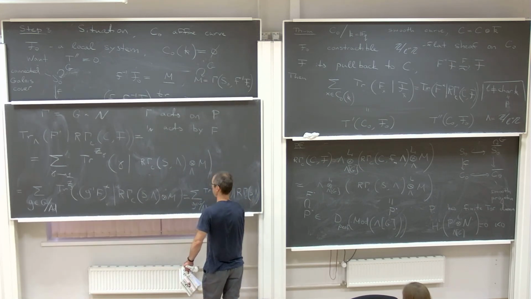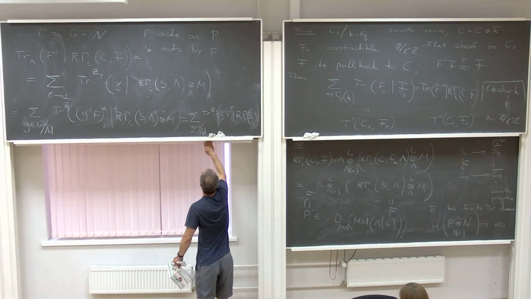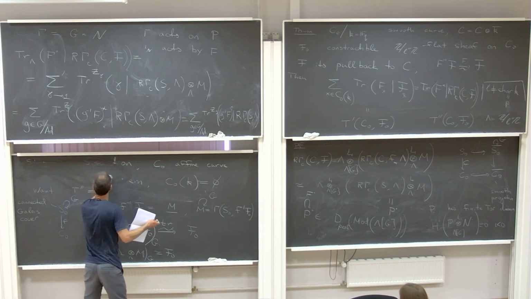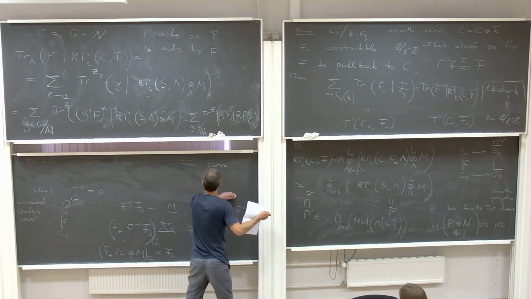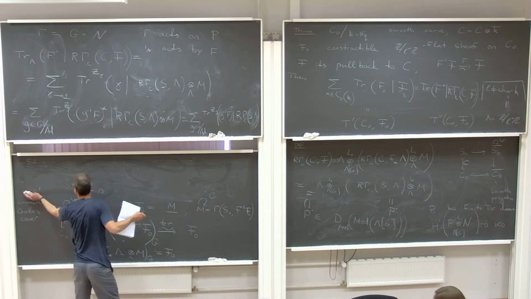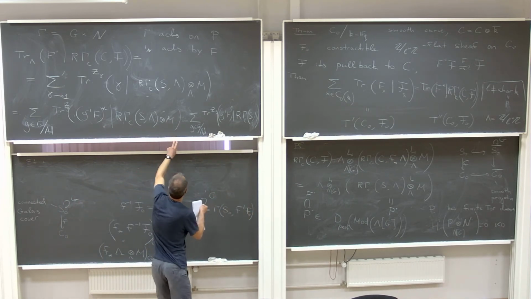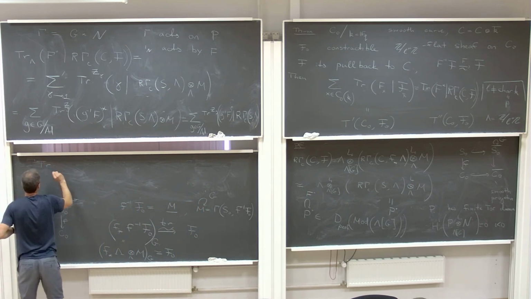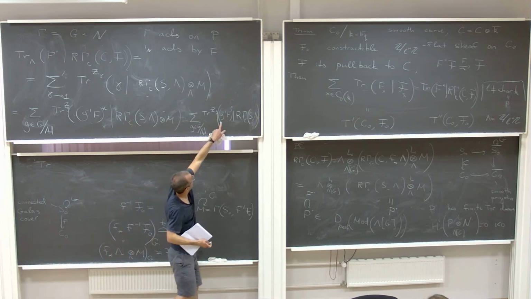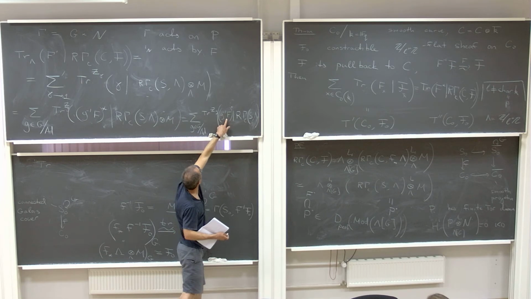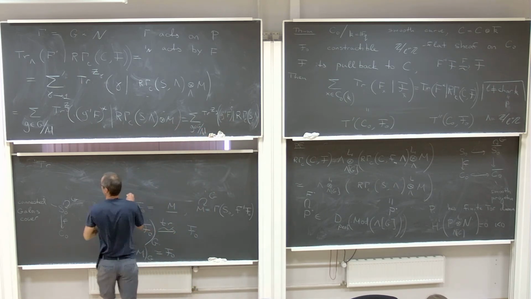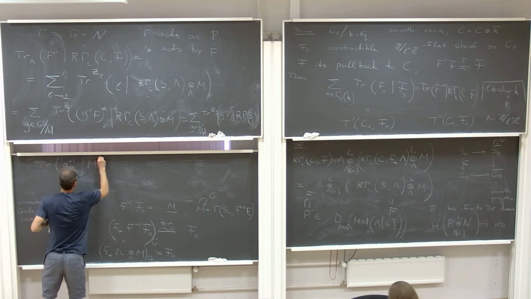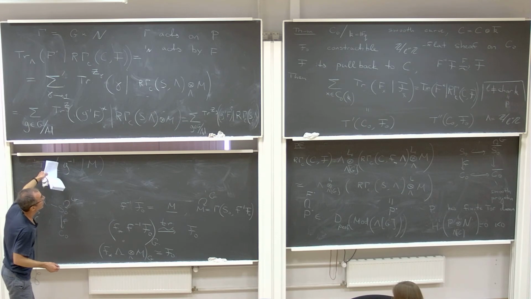And I need to multiply it by the trace on M. So this times the trace of this guy acting on M. But F does not act on M, only G acts on M. So that will be the trace of G inverse acting on M. Okay, and no Z G appears here.